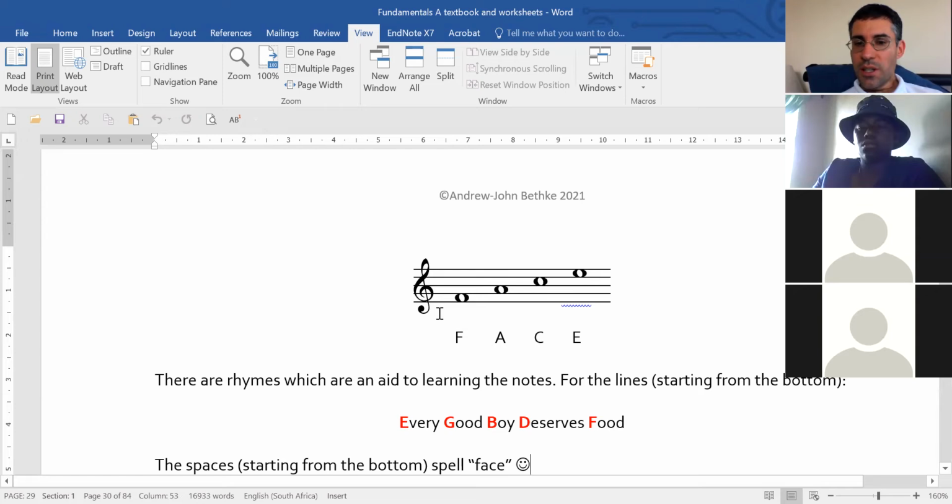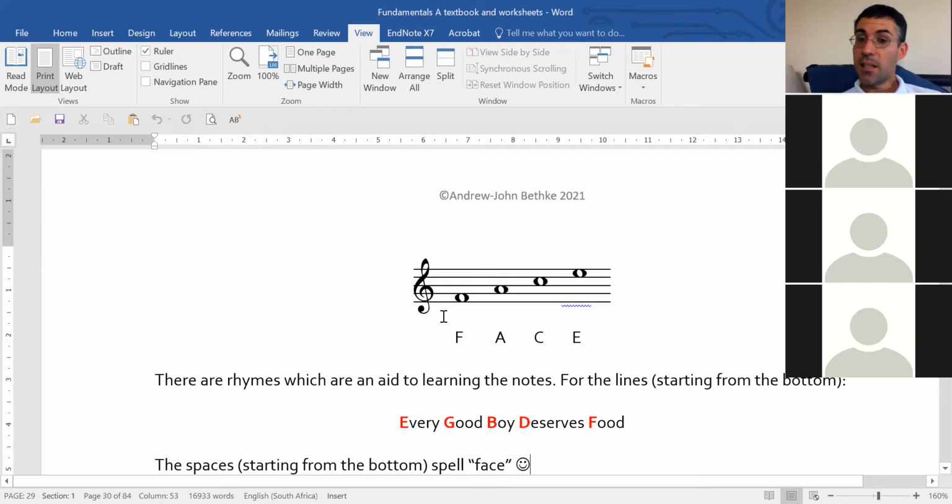So what would that bottom space be? If there was a note over here, what would that note be? D. Yes, correct. And if you look at the top here, that top space is E. The top line is F. What would the top space here be? G, correct.